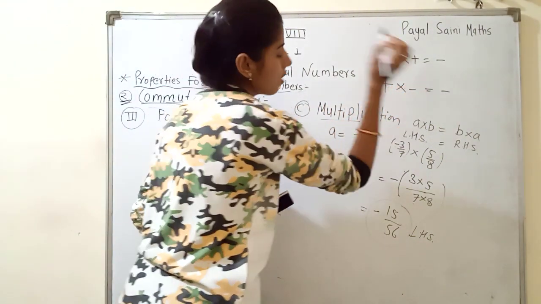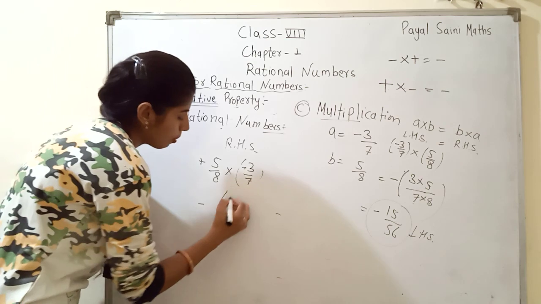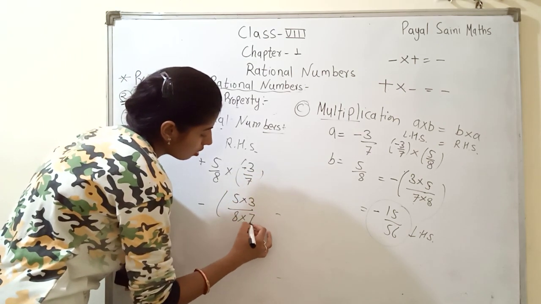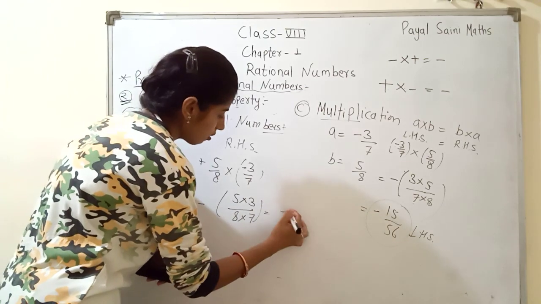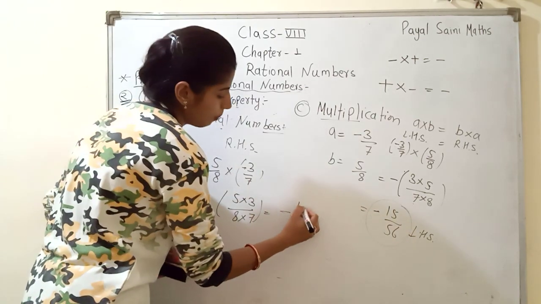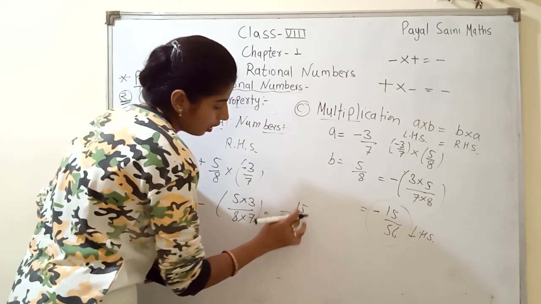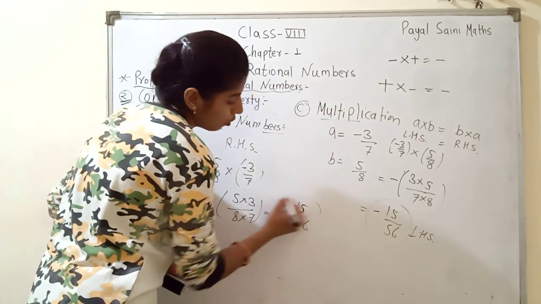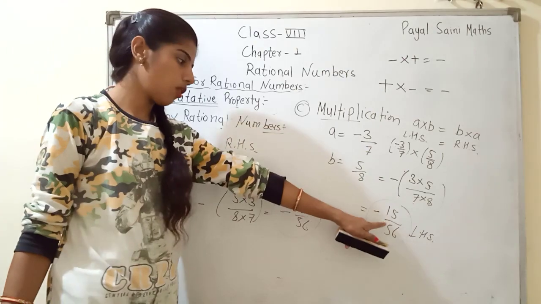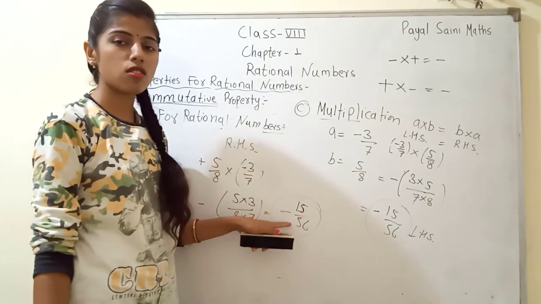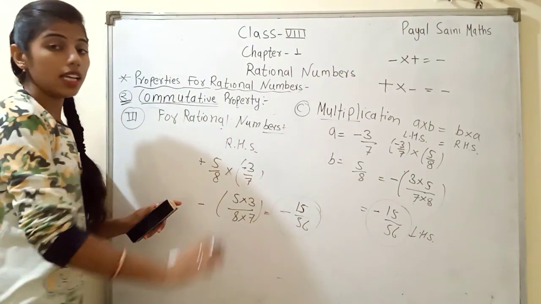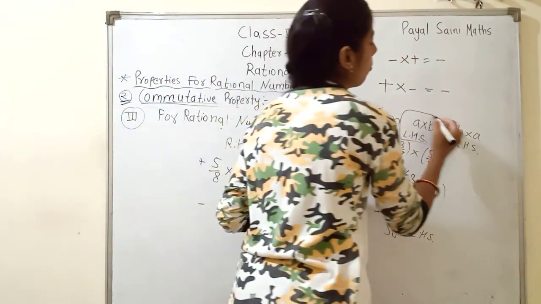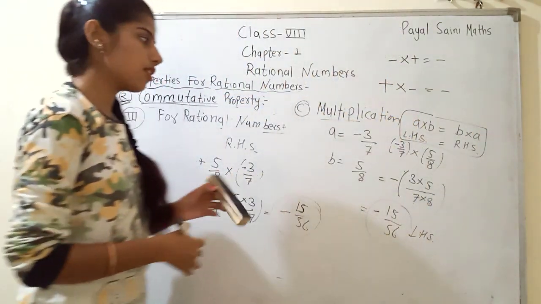Plus into minus is minus, and now simply multiply. 5 multiplied with 3, 8 multiplied with 7. Minus, 5 threes are 15 and 8 sevens are 56. You can see here it is minus 15 by 56 and here it is also minus 15 by 56. Then we can say it's verified for multiplication in rational numbers.